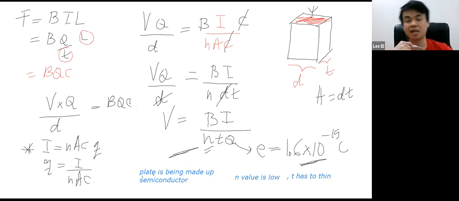Because if the thickness is thick and the N value is very high, it means the reading of the voltmeter will be very low, right? Then it will be very difficult for you to read your voltmeter itself. That's why in choosing the materials, you have to consider these two problems also: the value of N and the value of T.